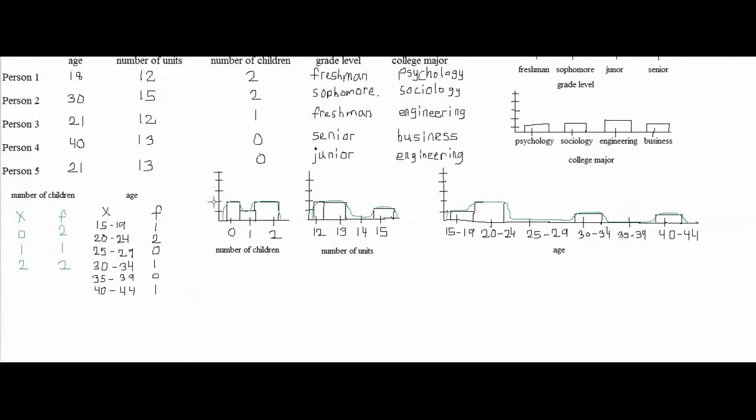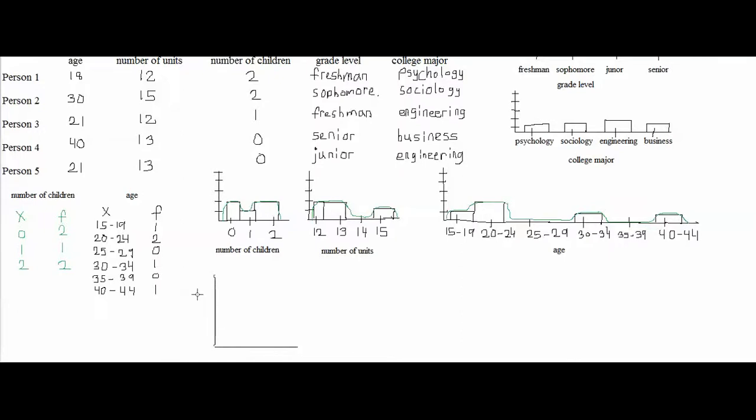So we need to make an x-axis and a y-axis to make a scatter plot. And we need to put one of our variables on the x-axis and one of our variables on the y-axis. It's really up to us which variable we want to put on the x-axis and which variable we want to put on the y-axis.